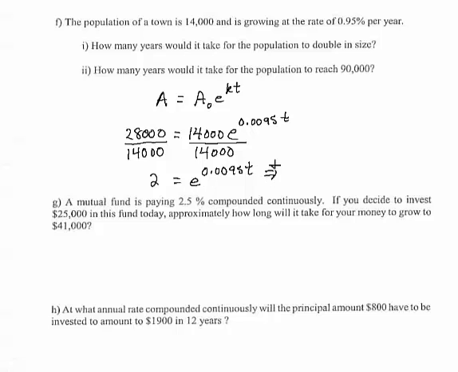So we can take this and convert it to the log form. Log equals the exponent, so we have 0.0095t on the right hand side. Our base is going to be e again, so log base e could be replaced with just an ln, and then the 2 becomes the argument of our log.